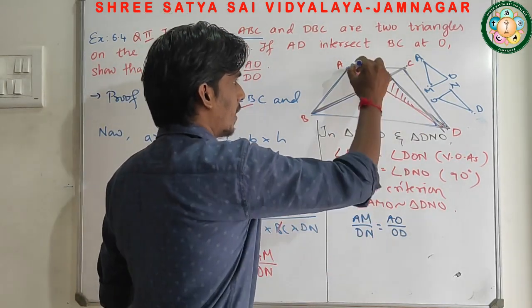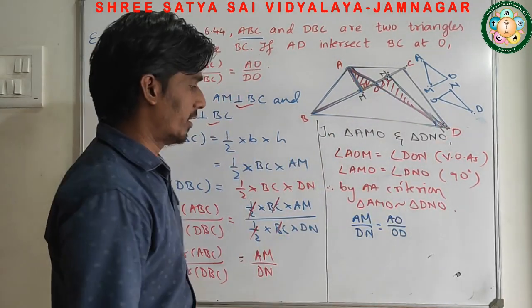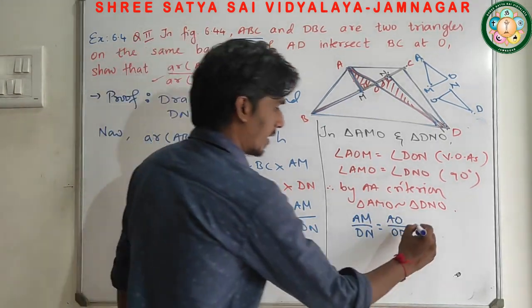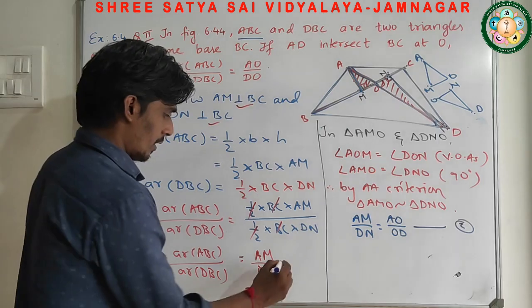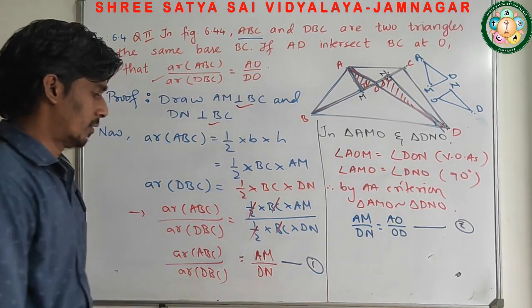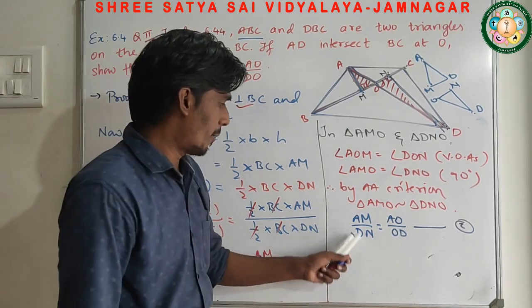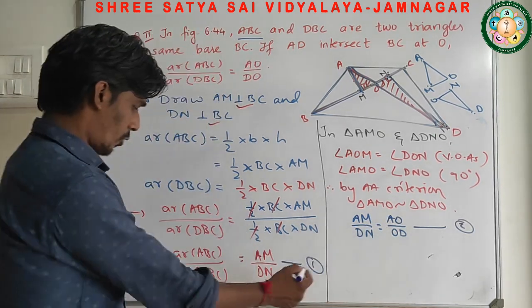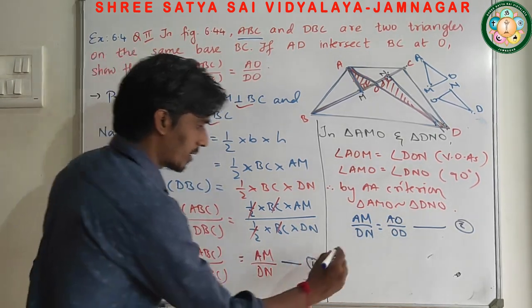These two sides and these two sides are equal in ratio because both the triangles are similar. Say this is 2. Say this is 1. So AM upon DN is equal to AO upon OD.